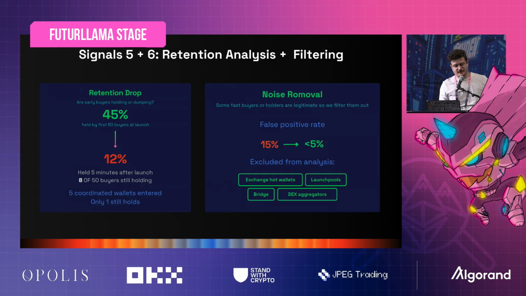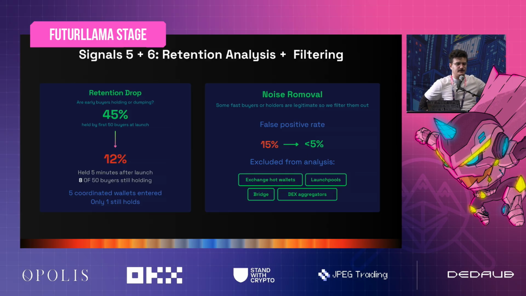Signal 5 and 6, let's say. I mentioned retention. Normal projects don't do rug pulls. If the top 10 holders, with all the 50 buyers at launch, hold let's say 45% of the holdings at the first moment of the launch, and after 10 minutes, or as we mentioned, 2 to 3 minutes, they drop to 12%, it's a rug.